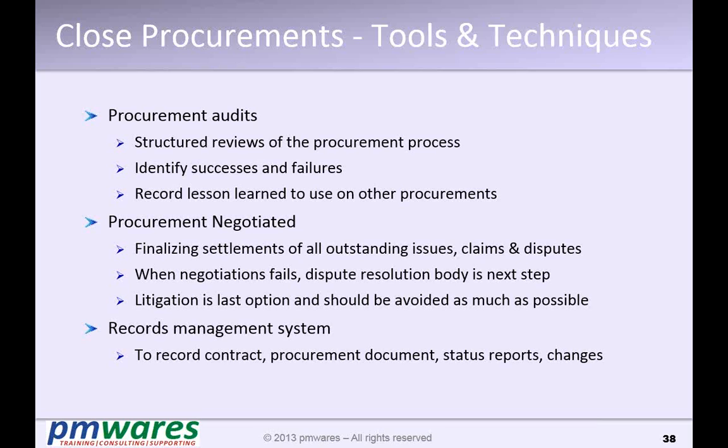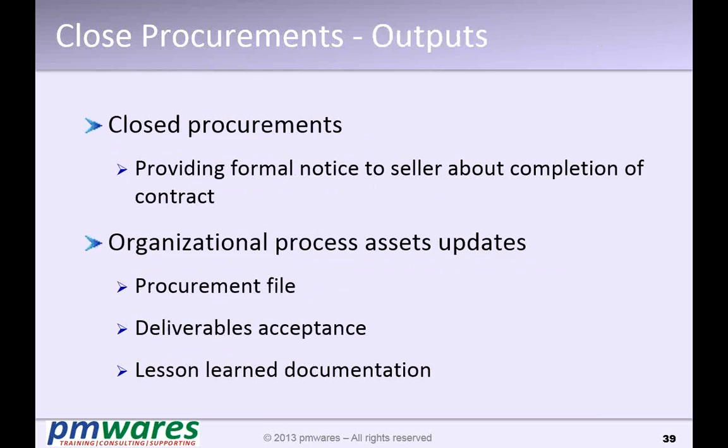In the record management system, you file all the records and then close the procurement. Provide an acceptance and close it. So the procurement file is recorded, deliverables accepted, and lessons learned are documented. This closes it.